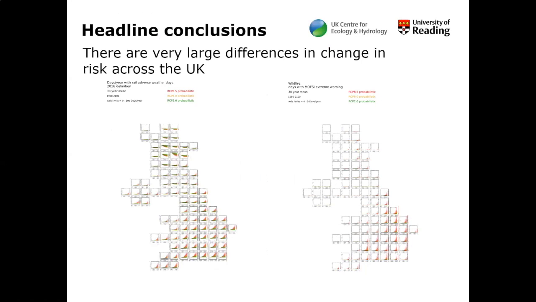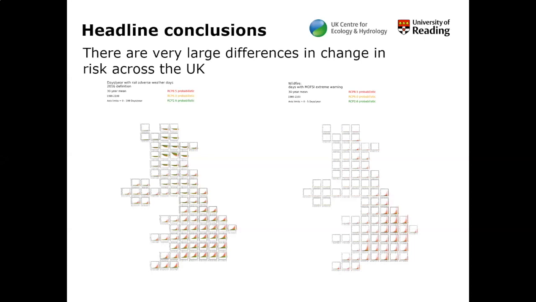I've illustrated this by a couple of panels, one showing some metric relevant to transport and one showing an indicator relevant to fire. The one on the left tells us that in the bottom right, or the south of the UK, things are going to get a lot worse to do with bad weather days on the railway through the 21st century, whereas in northeast Scotland, they're going to get better.